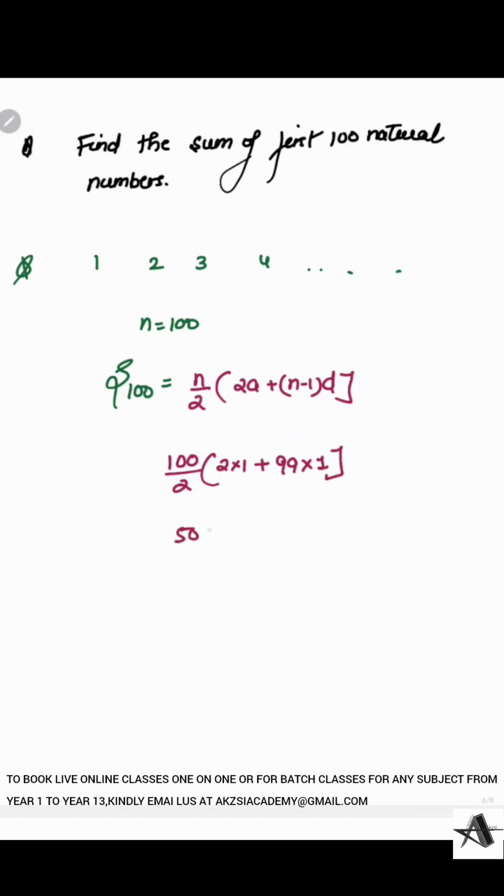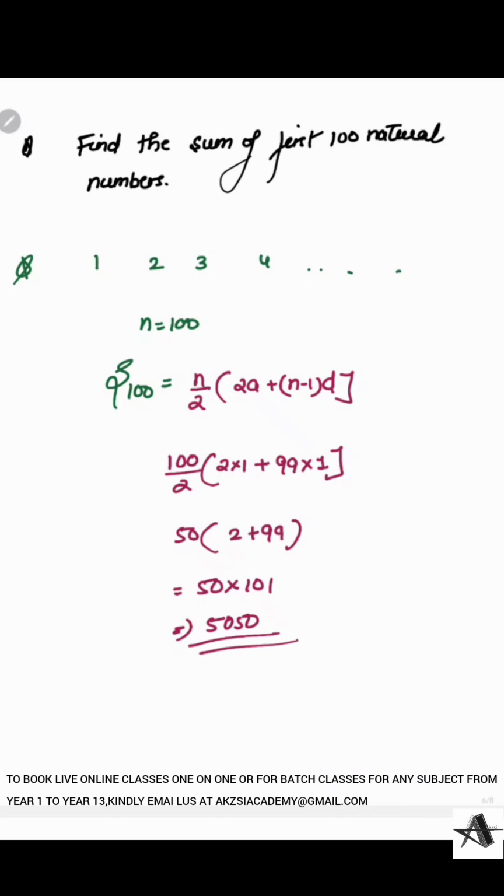So 50 times (2 plus 99). This equals 50 times 101. Finally, the answer will be 5050. This is the sum of the first 100 natural numbers.